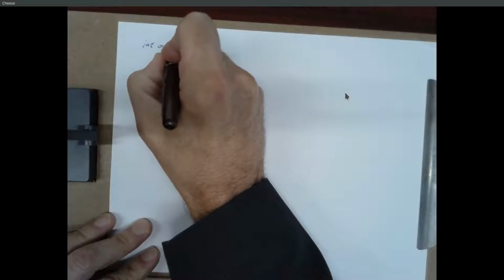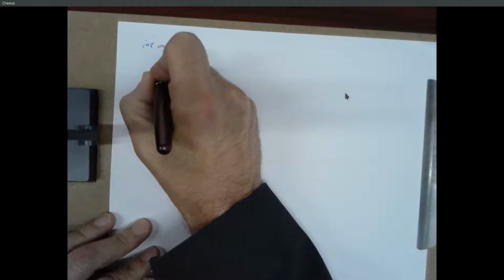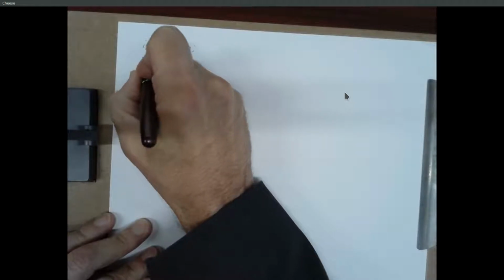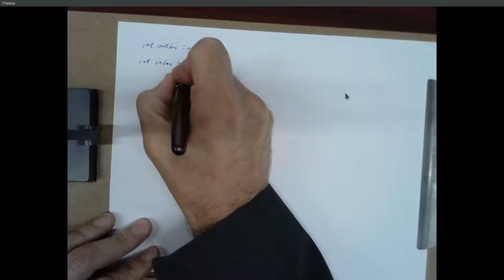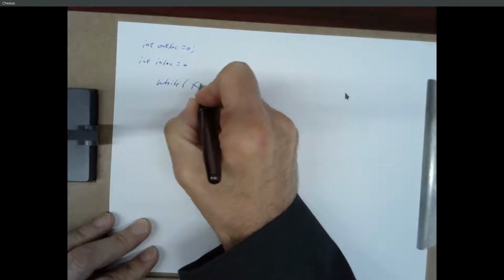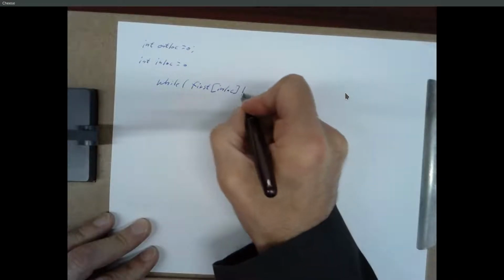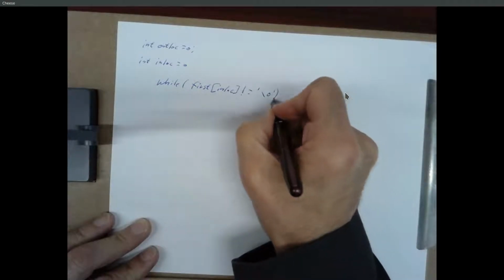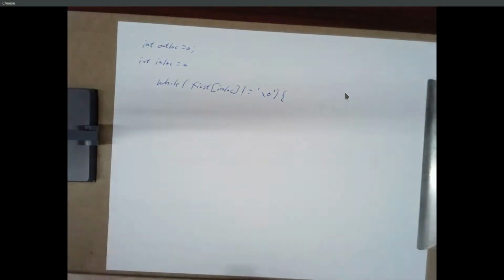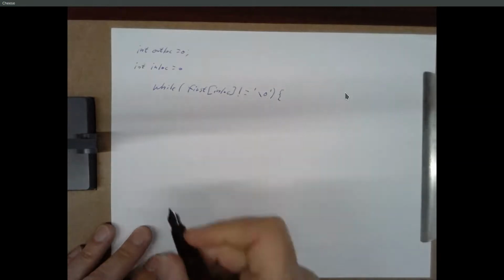If you wanted to do this with a while loop, you still need an output location. You still need an in location. So your while would be while the character you're looking at is not the null terminator.